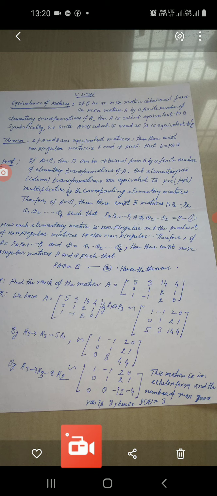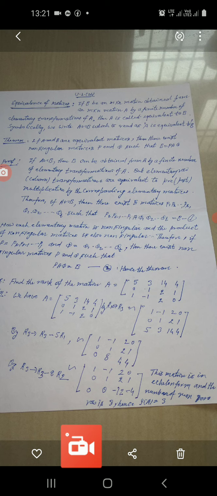If B is an m cross n matrix obtained from a matrix A by a finite number of elementary transformations of the matrix A, then A is called equivalent to B. Means if B is obtained from A by elementary transformation, then A is called equivalent to B, and symbolically we write A is equivalent to B, which is read as A is equivalent to B.